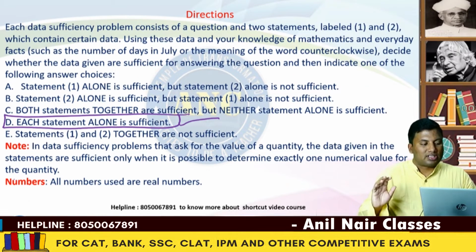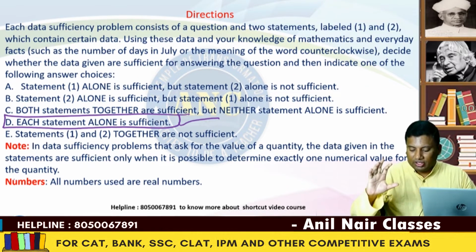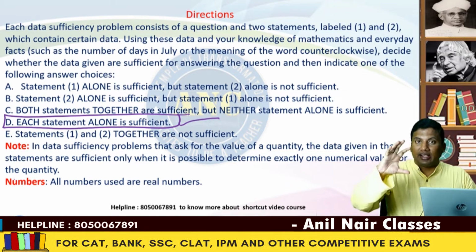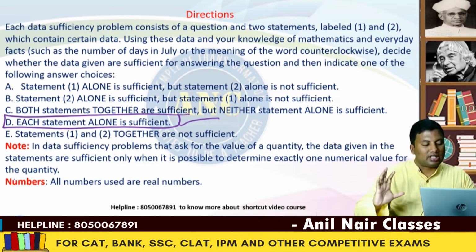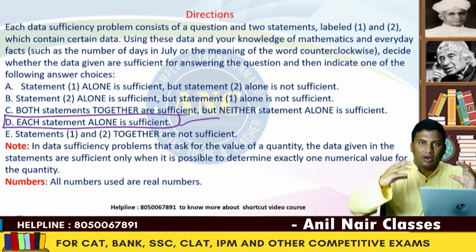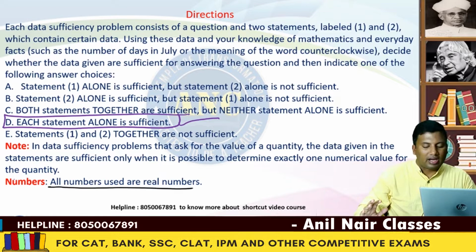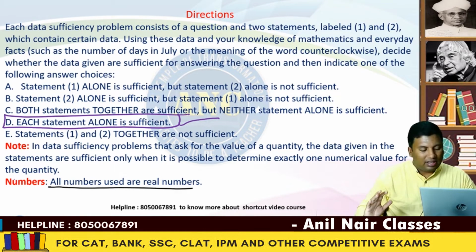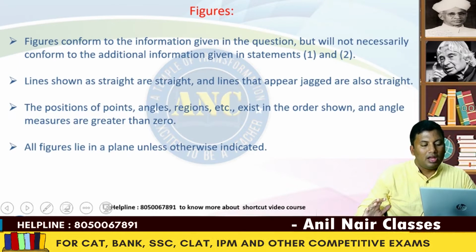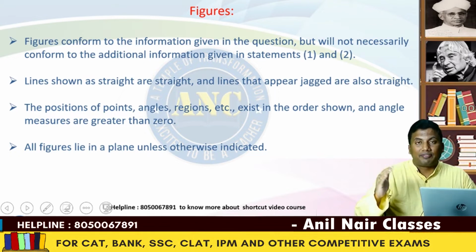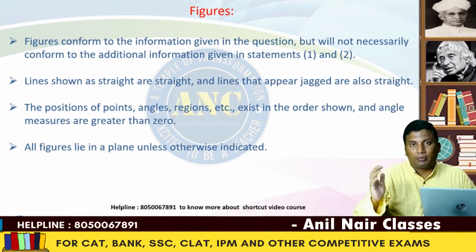I hope the first slide is clear. Data sufficiency: how the caselet will be there, how the questions are there. Each statement will have options: statement 1 alone, statement 2 alone, both statements and everything. All the numbers used are real numbers. Kindly reply if everything is clear. Figures: if a line is drawn, it is considered to be a straight line.